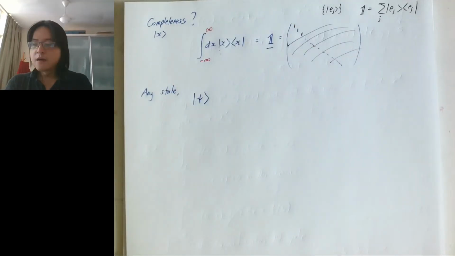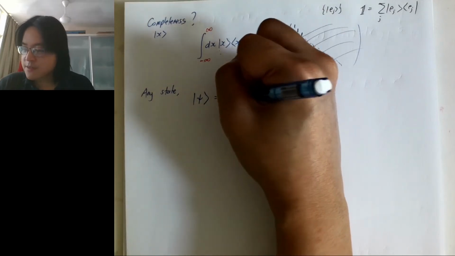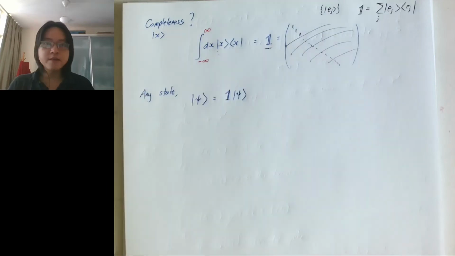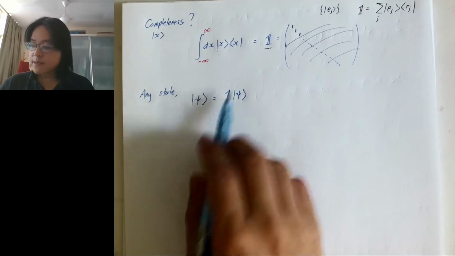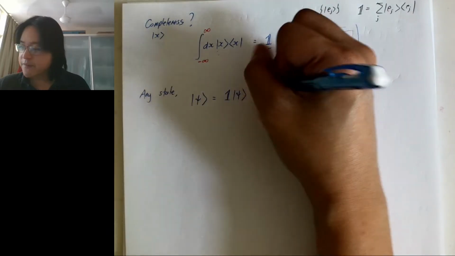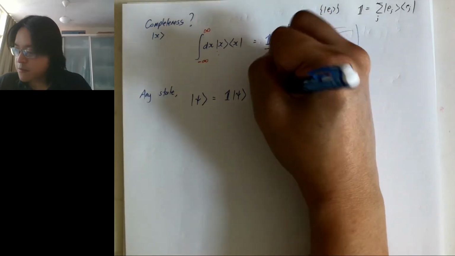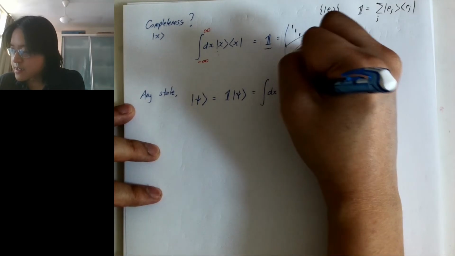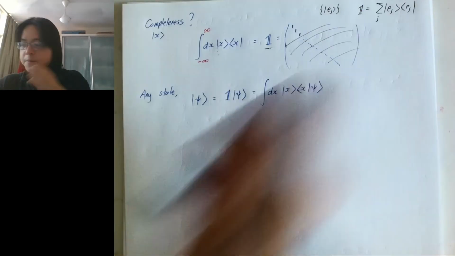Psi is, for no reason, of course 1 times psi, the identity operator, right? So I can do this, and 1 is also equal to this. This is a very common trick when dealing with bra-ket. So psi is actually the same as the integral dx, then ket x bra x, and then close with psi.